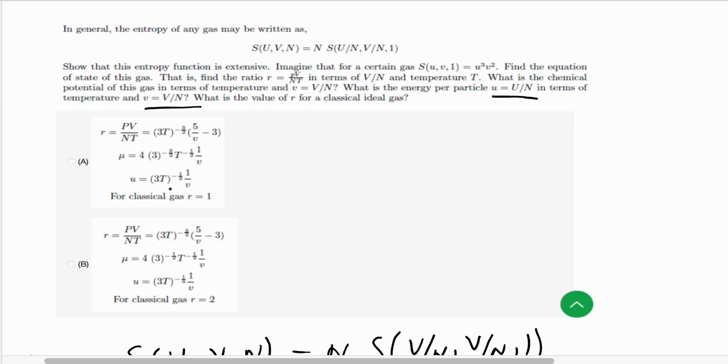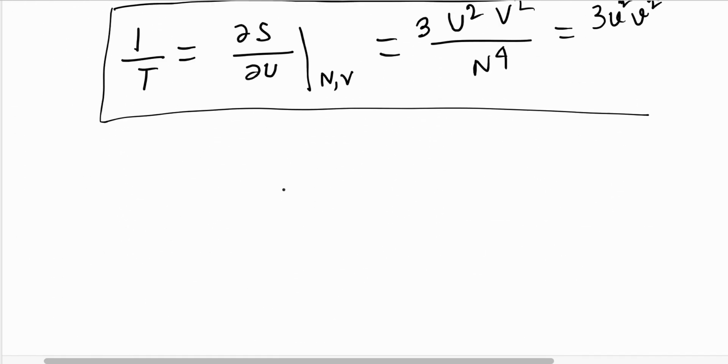The first part we have already done. All the things we have to replace, all the u by small v. So we have to calculate the energy per particle in terms of temperature and volume. So this question we will handle first.